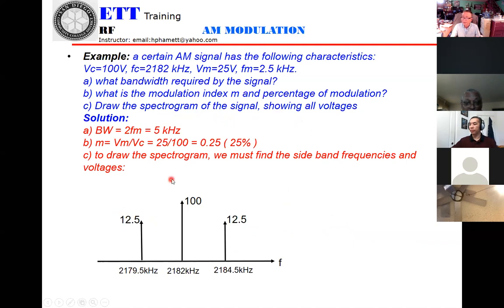In order to draw the spectrogram, we need the sideband frequency and the voltage. What is the carrier voltage, what are the sideband frequencies, upper side, lower side, and the carrier. So next time when we ask you to draw, you will know how to draw it.